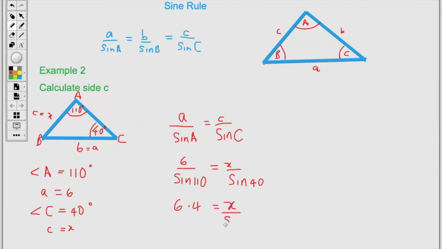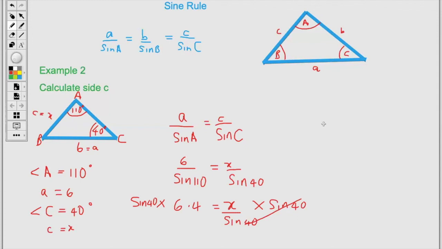Now, since we're finding the unknown x, we're just going to multiply both sides by sine 40 to get x standing by itself. So multiplying the left and the right by sine 40, the sine 40 in the denominator on the right hand side will cancel into itself one time.